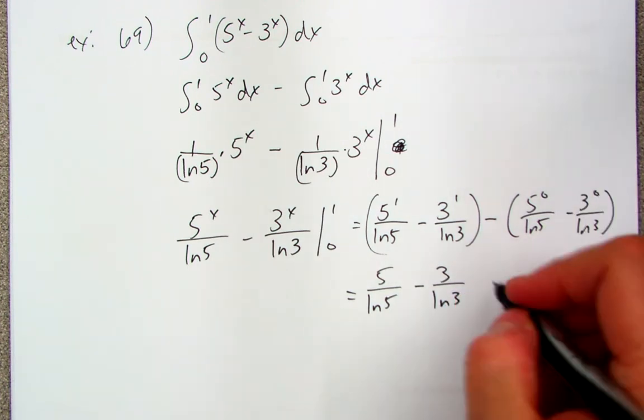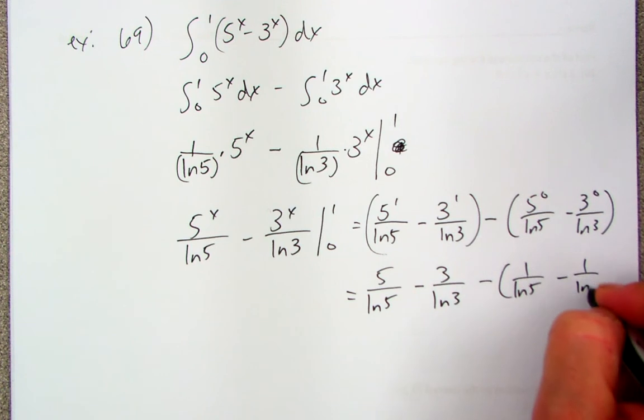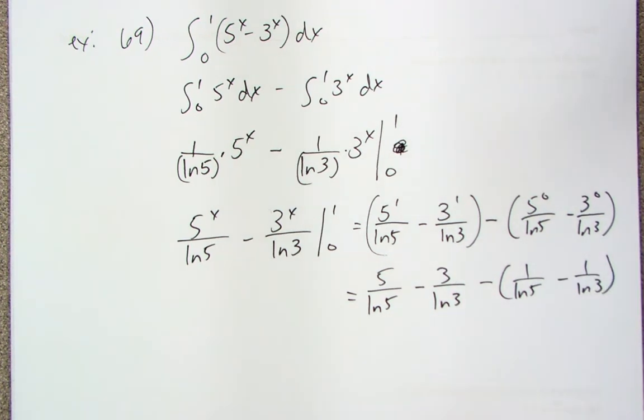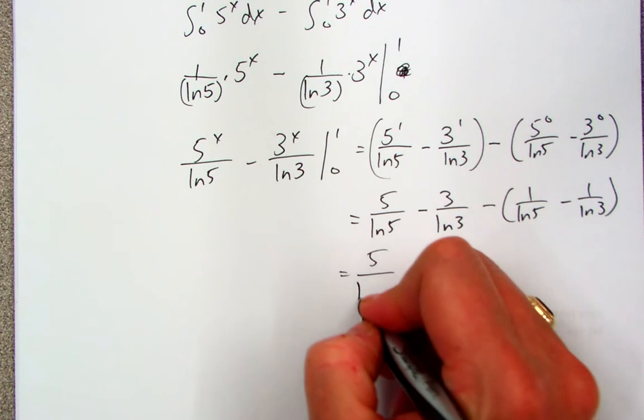What is that? That's a 1 minus 1, correct? Let me distribute that negative.